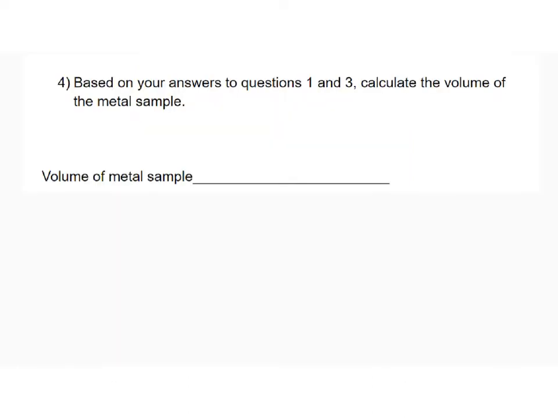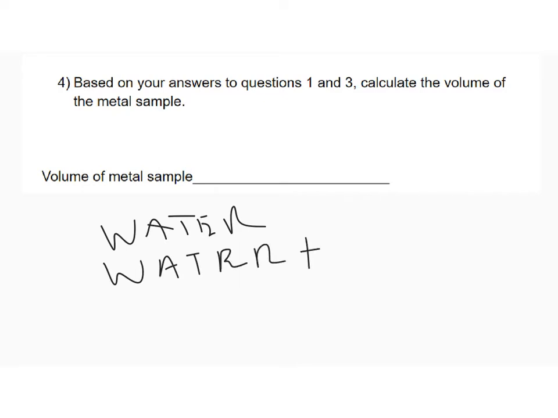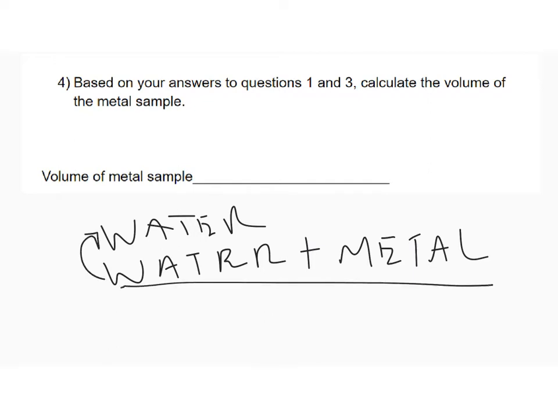So if we take a look at the readings that we got, we had the water in the first measurement, and then we had the water plus the metal. So if we want to find out how much the metal volume is, we have to take the water plus the metal and subtract the amount that we know is water. So when we had the water plus the metal, I wrote down 22.1 milliliters.